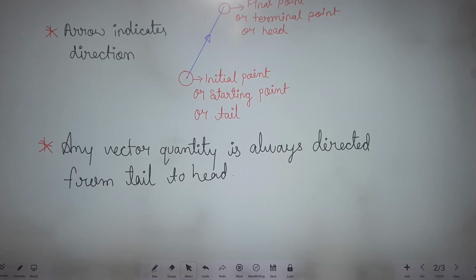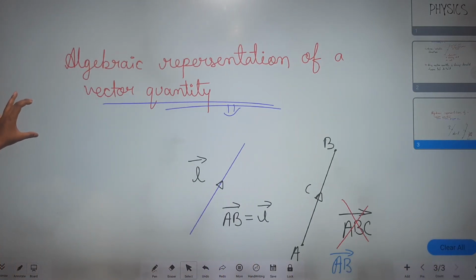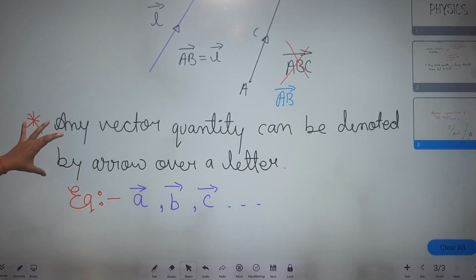Okay, and after that we have discussed the algebraic representation of a vector quantity, that any vector quantity can be denoted by an arrow over a letter. Okay. After that, we have discussed the algebraic representation of a vector quantity.